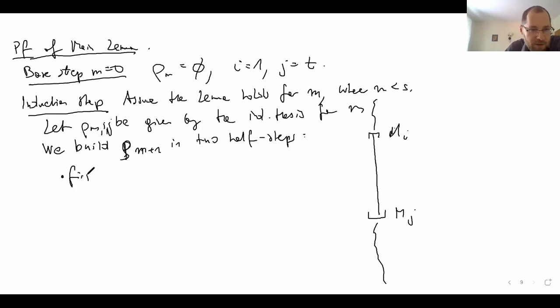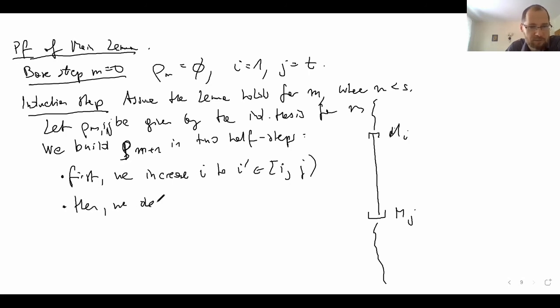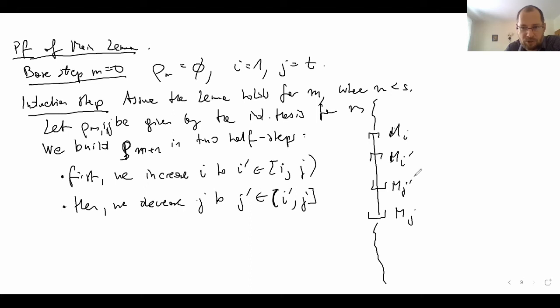First, we will increase I to some I prime that will be somewhere between I and j. It won't be j, it will be definitely smaller than j. And then we decrease j to some j prime that's strictly greater than I prime, but stays above j. So we'll get some I prime here, and then this will be mj.